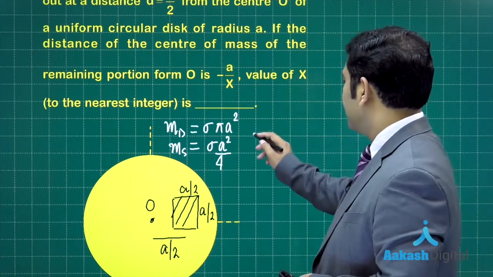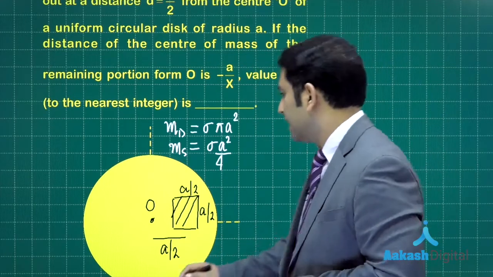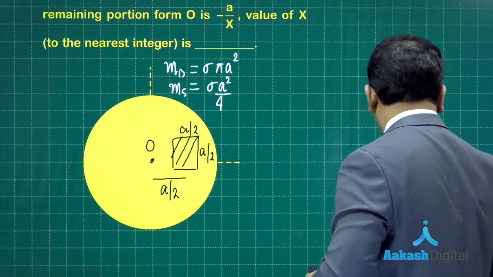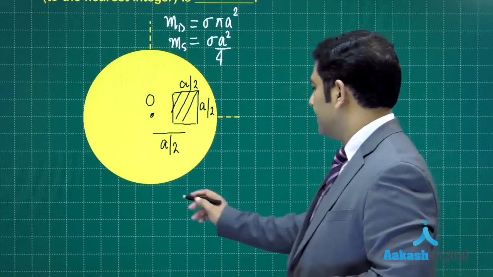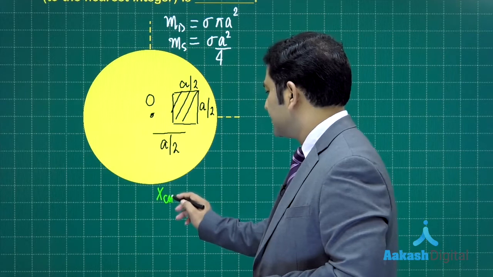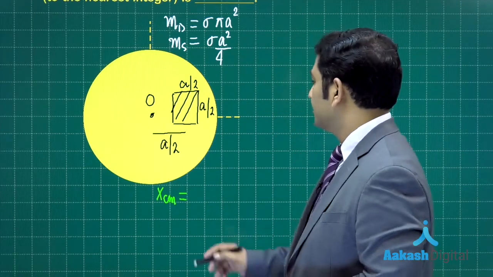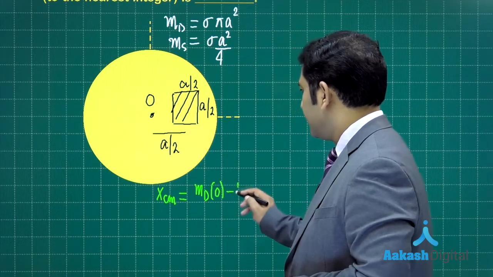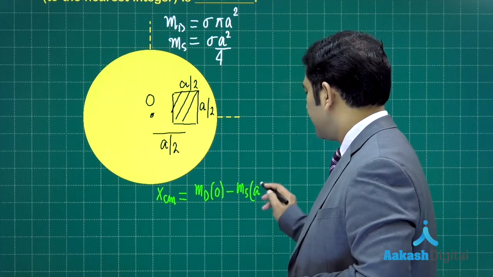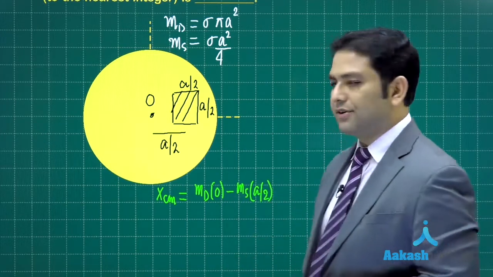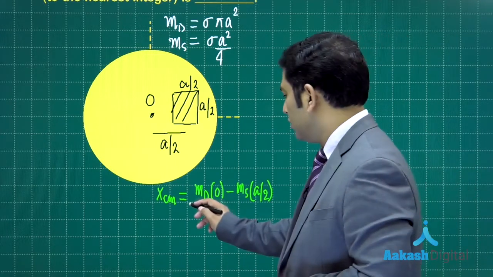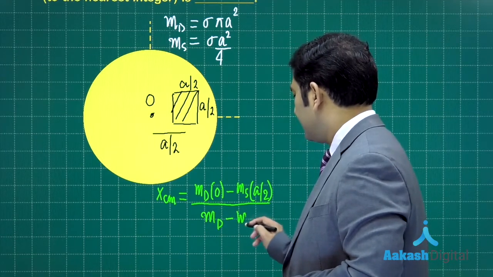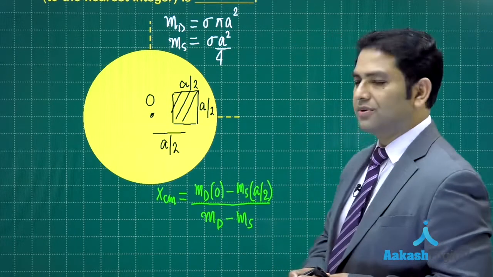And calculating the location of the center of mass, now it comes something like this. So here it goes, x center of mass is equal to md multiplied by 0 minus ms multiplied by a by 2, and complete divided by md minus ms. So this is all you need to do.